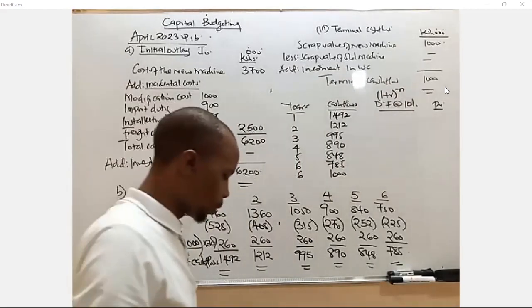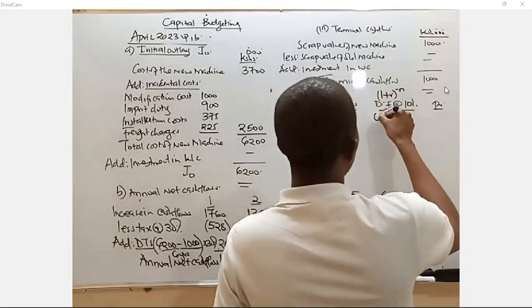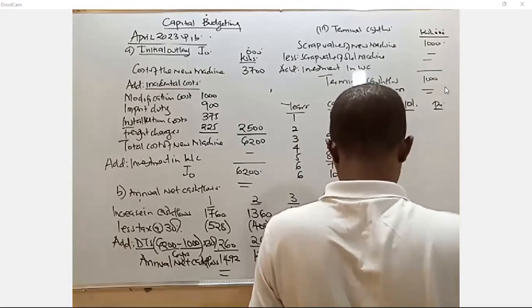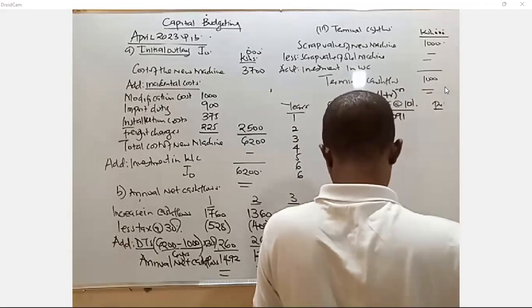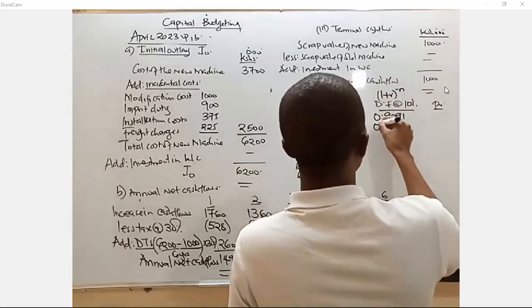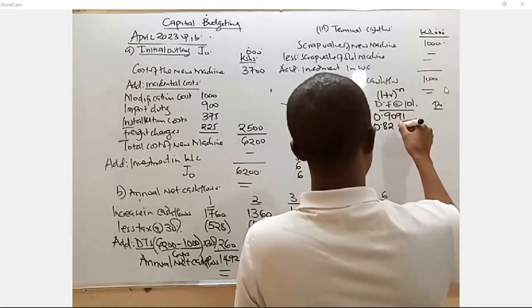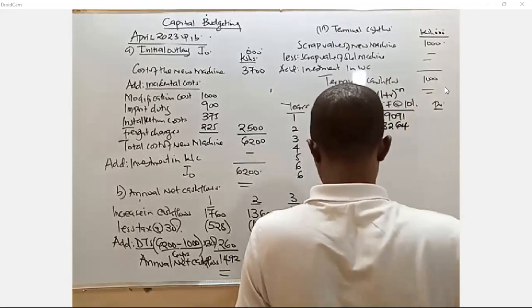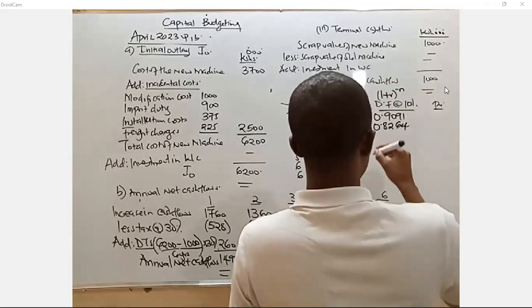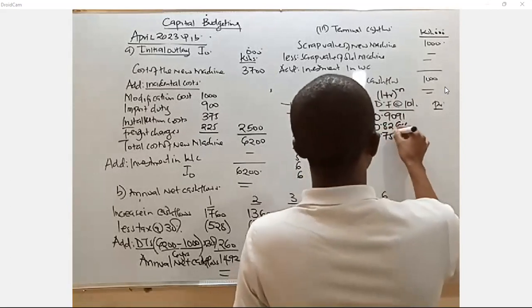We are getting 0.9091. The second one will be 1.1 raised to negative 2, getting 0.8264. We go to year 3, getting 0.7513.